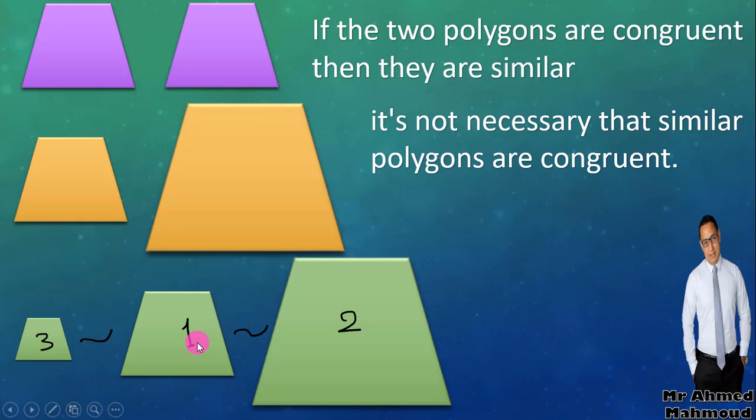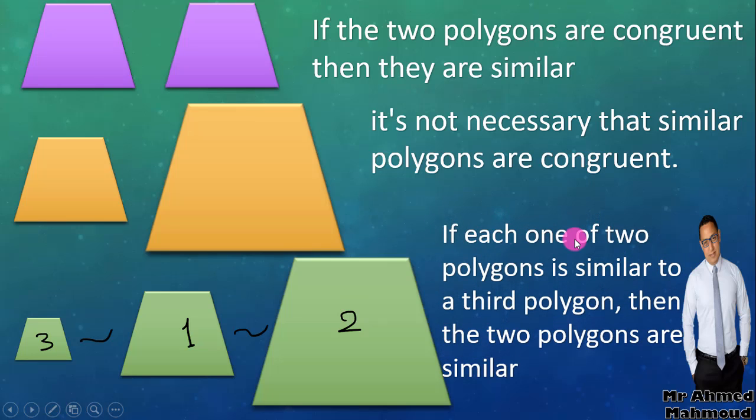In that case 1 is similar to 2 and also 1 is similar to 3, so 2 and 3 also are similar to each other because they are similar to a main polygon. So we can say that if each one of two polygons is similar to a third polygon, then the two polygons are similar to each other.